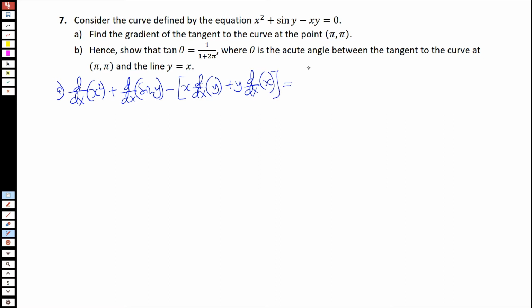And then the derivative of 0 is just 0, so I'll just leave it as 0. So the derivative of 2x squared will be 2x, and then the derivative of sin y will be cos y.